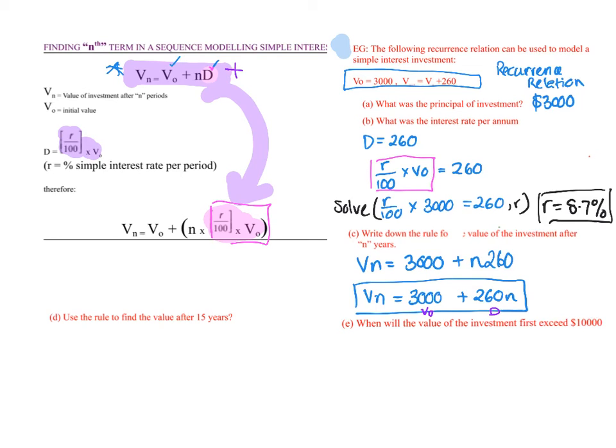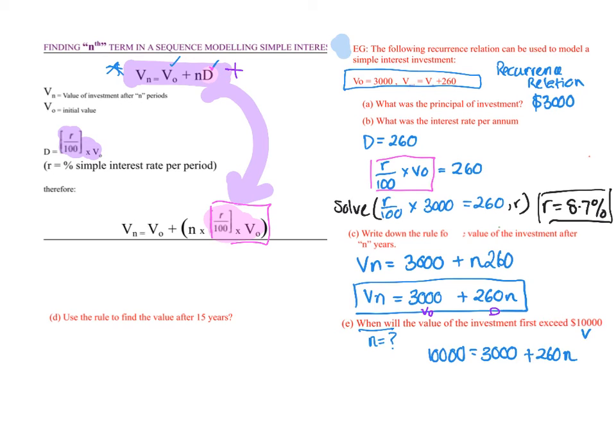So when will the value of the investment first exceed? When they say when, obviously n is the question. I want to know how many years it's going to take. And they're telling me a value. So if I sub that into my nth term formula, I would say 10,000 equals 3,000 plus 260n.